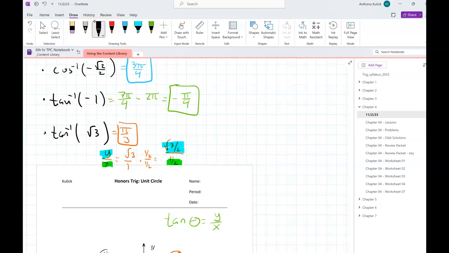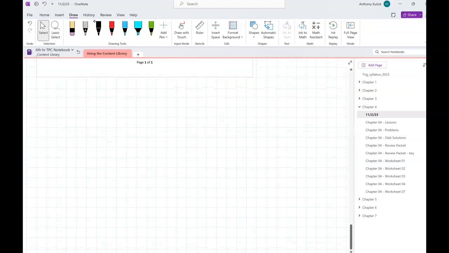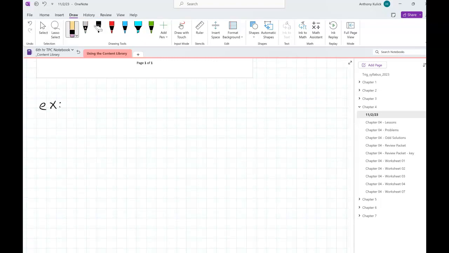Now, we're going to do a slightly different version of this same problem. So, what if we now ask, let's say, directions: solve for theta on the given interval.